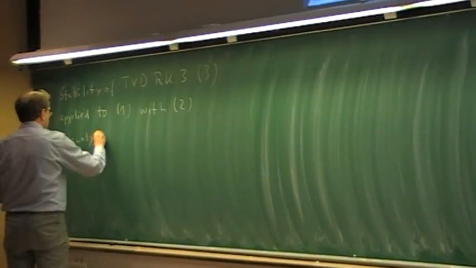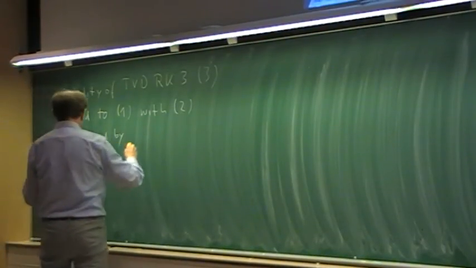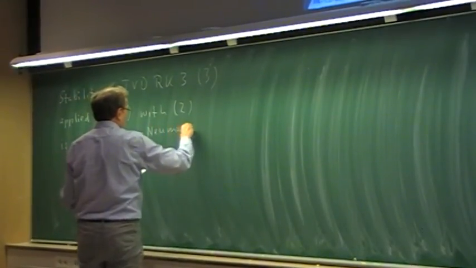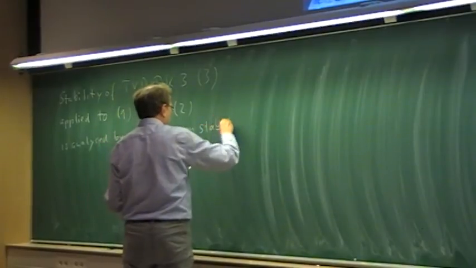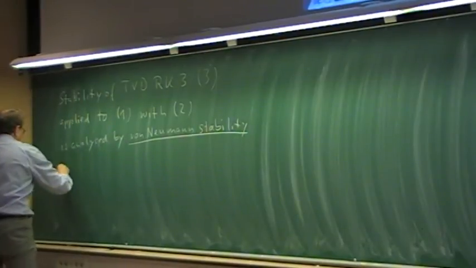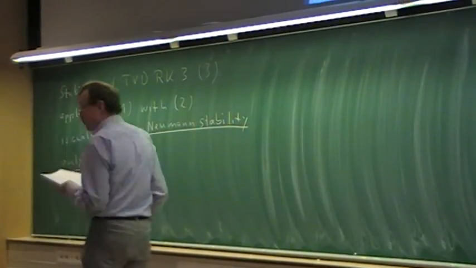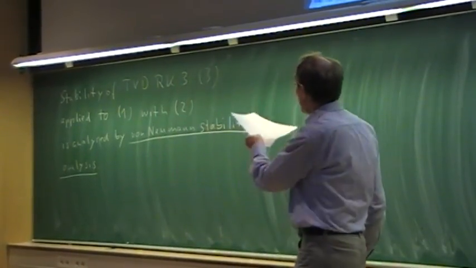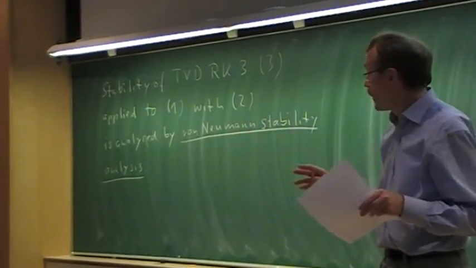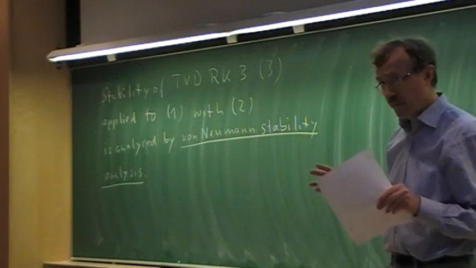It is analyzed by the von Neumann stability analysis. However, we have a problem. The problem is the von Neumann stability analysis is only valid for problems with constant coefficients and for periodic boundary conditions. So we have neither of them.